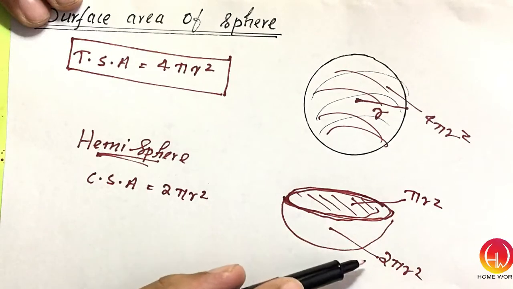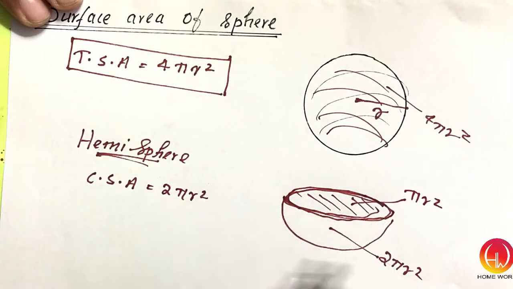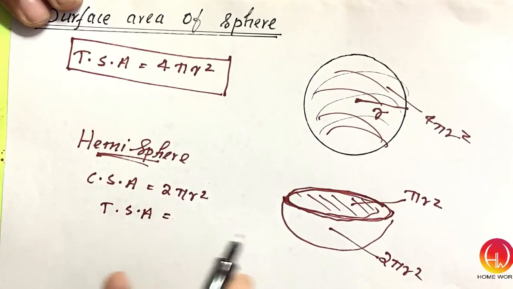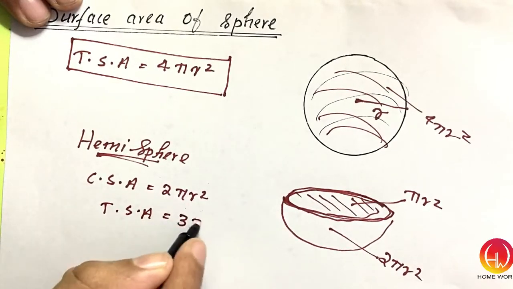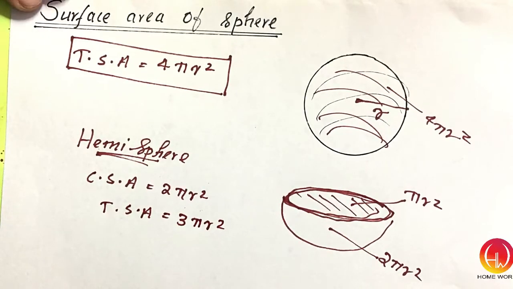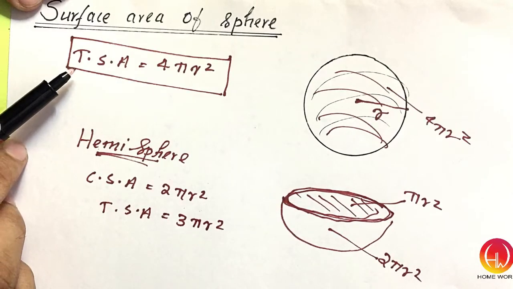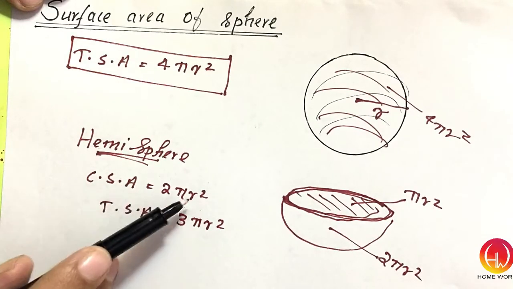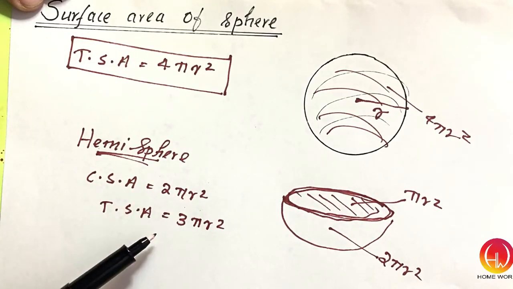So 2 pi r square plus pi r square, total surface area of hemisphere equal to 3 pi r square. So first we discussed surface area of sphere, that is equal to 4 pi r square. Then hemisphere, its CSA equal to 2 pi r square and the total surface area equal to 3 pi r square.